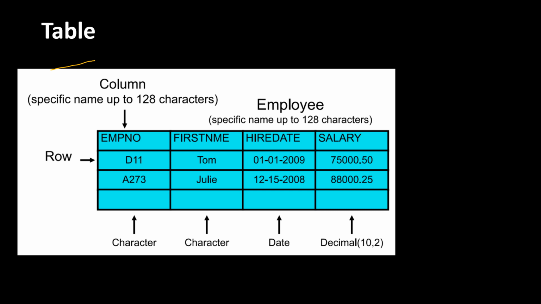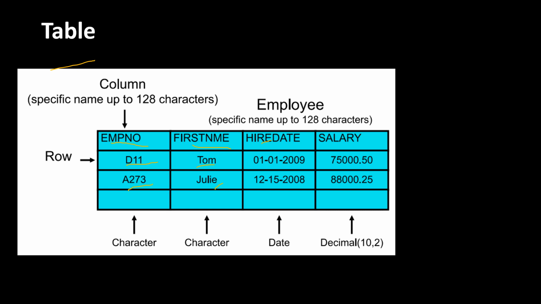For example, in this employee table defined above, the employee number column will hold character data like D11 and A273. Next is the first name. So names are defined here, Tom and Julie. Next is the hire date.